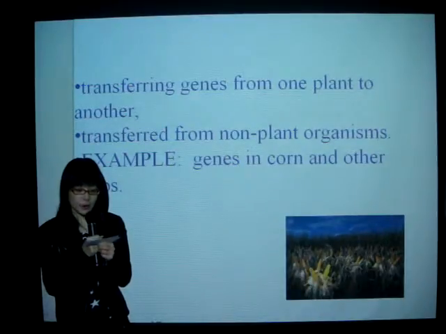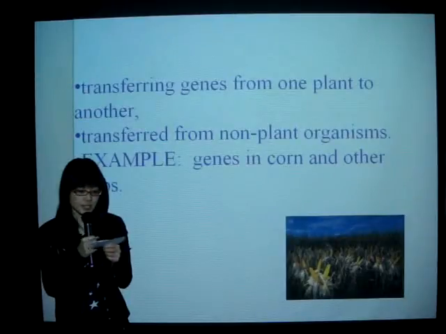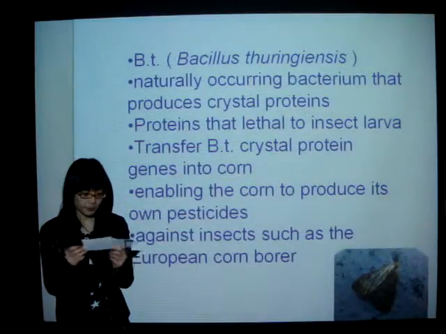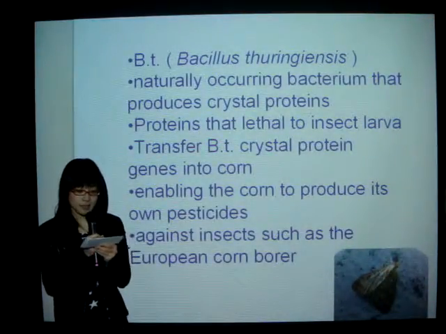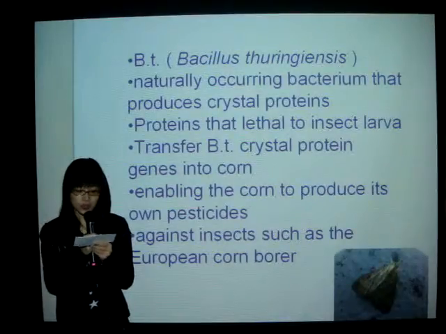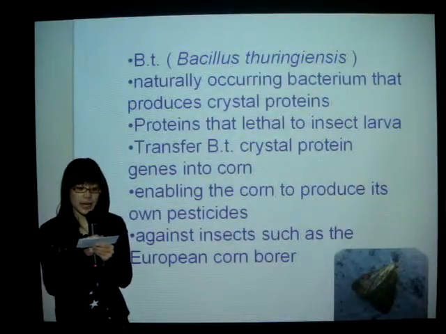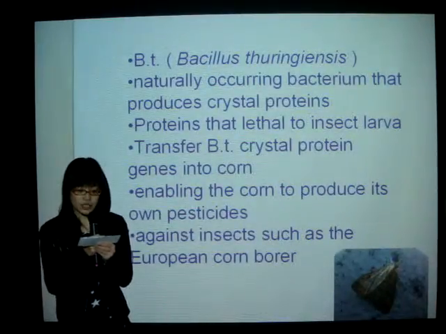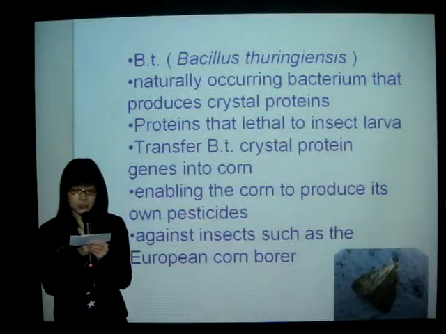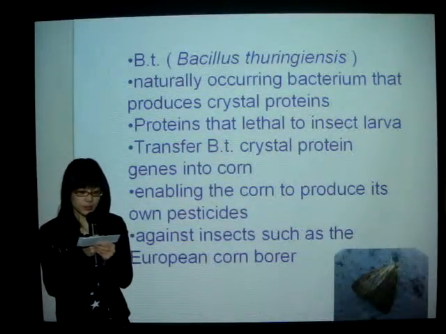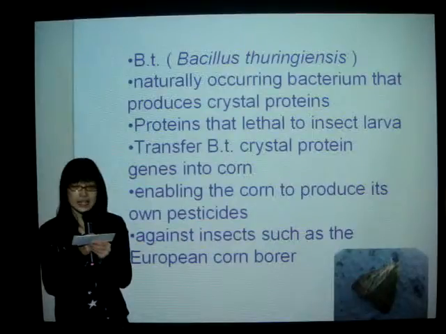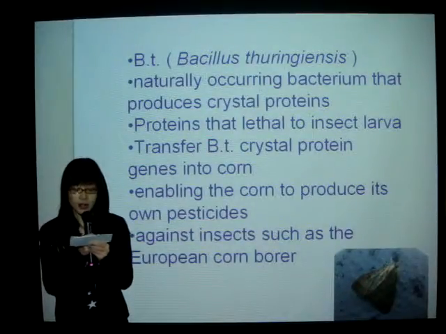The best known example of this is the use of the Bt gene in corn and other crops. Bt is a bacterium that produces crystal proteins that are lethal to insect larvae. Bt crystal protein genes can be transferred into corn and enable the corn to produce its own pesticides against insects, such as the corn borer.